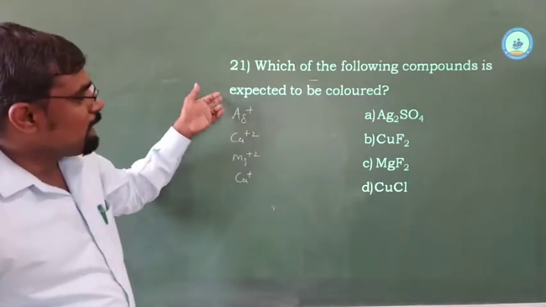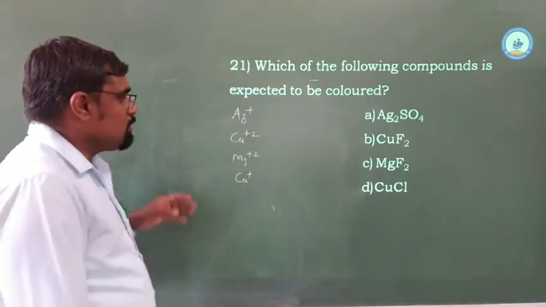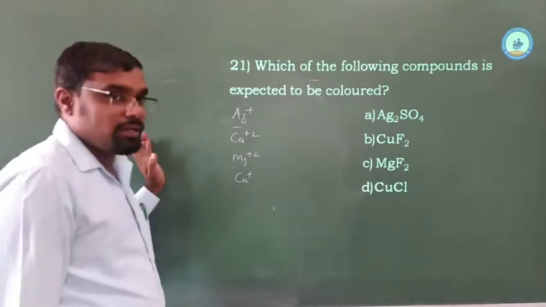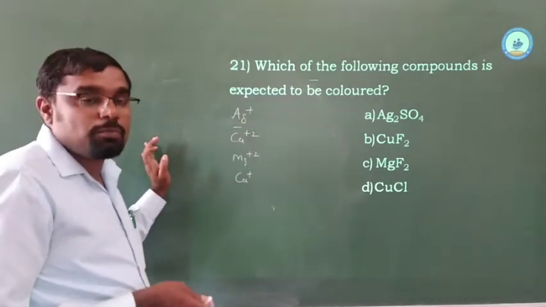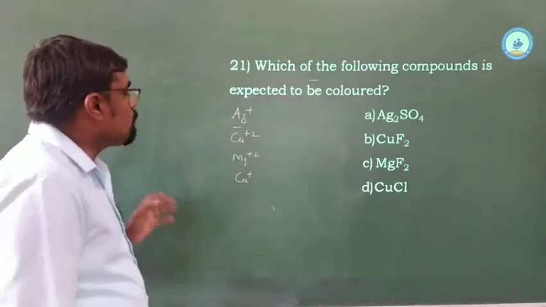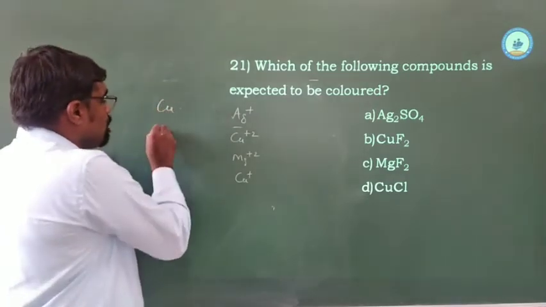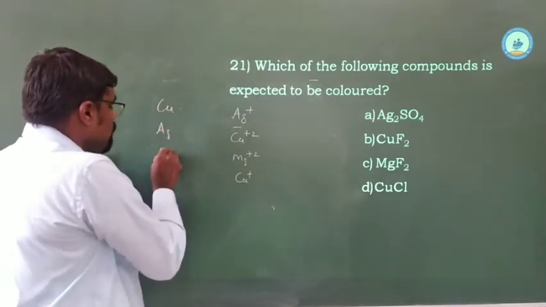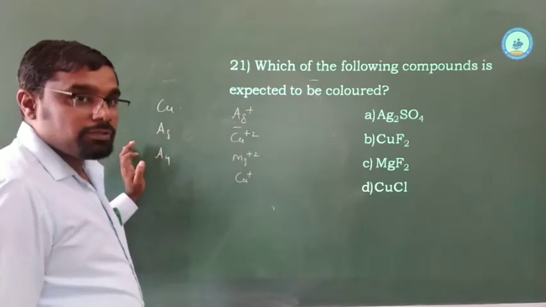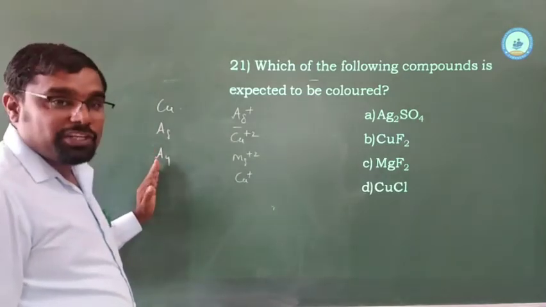So expected to be colored. Commonly you know that one. So Ag plus, what is the series it comes in? It is coming in the group that is copper, silver, gold. So it is having the same electronic configuration.